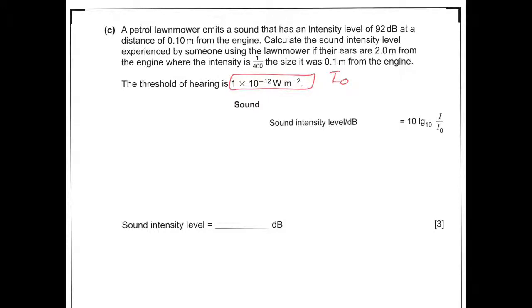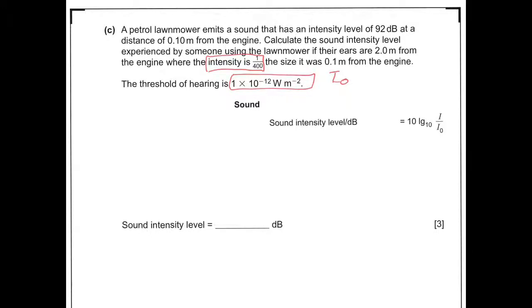I is the intensity that we have, which they're telling us is 1/400th of what it was at 0.1 when it was 92 dB intensity level.